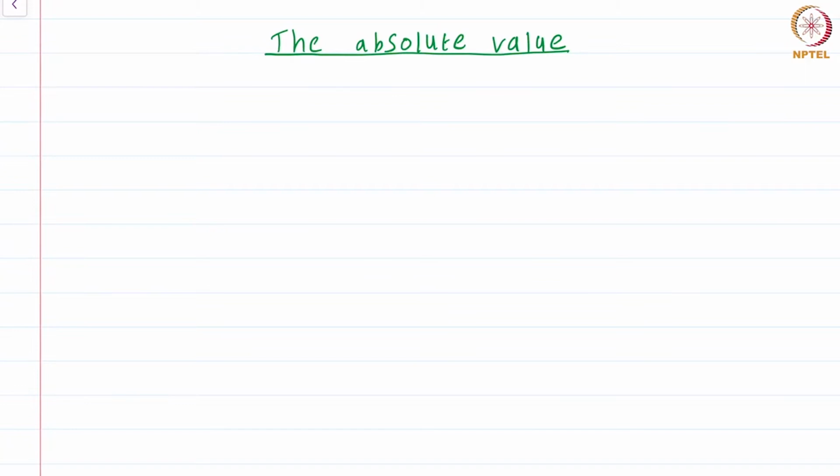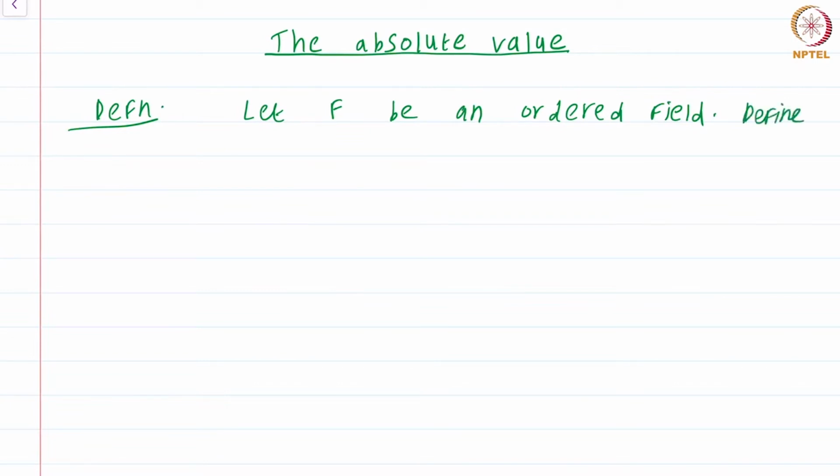We begin with the definition. Let F be an ordered field. Define the absolute value function, denoted modulus from F to F. Note that I have put a bold dot.